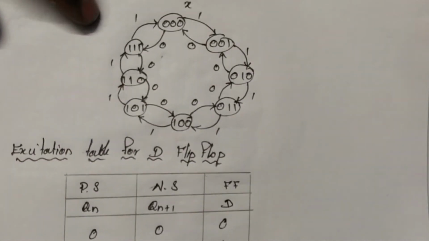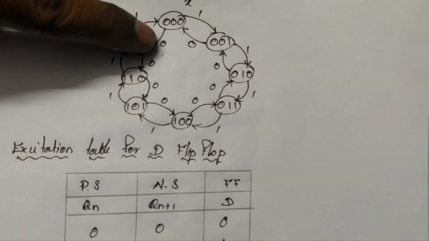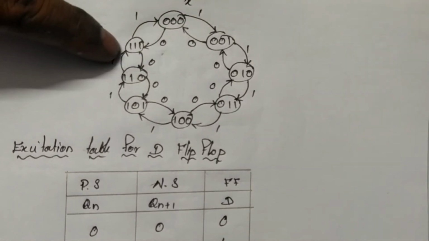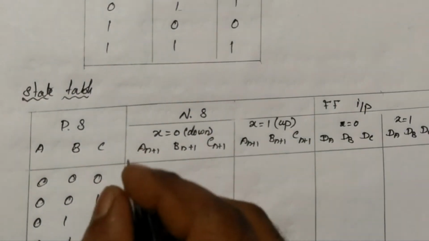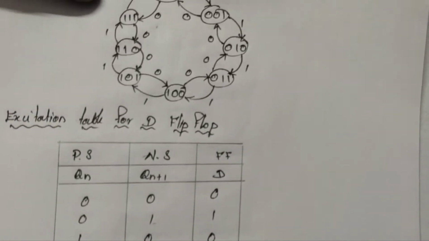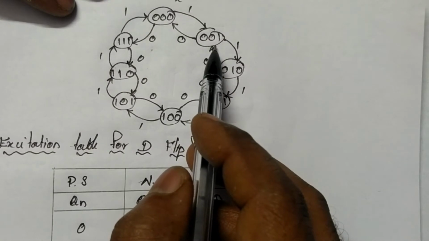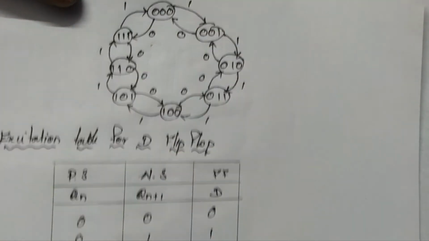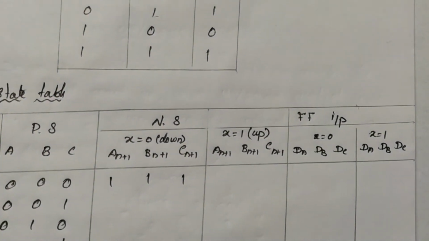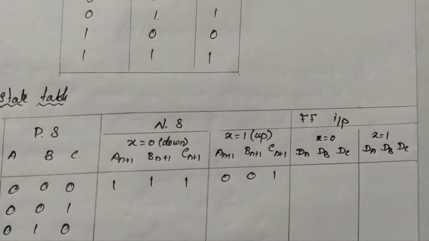So from the state diagram, from the present state 0 0 0, if the input is 0 it moves to the state 1 1 1. Likewise from the present state 0 0 0, if the input is 1 it moves to the state 0 0 1.